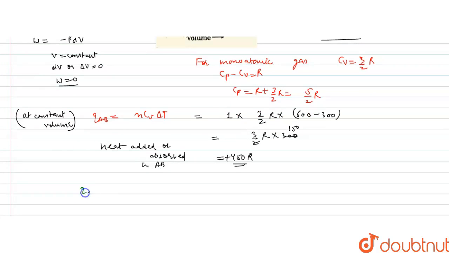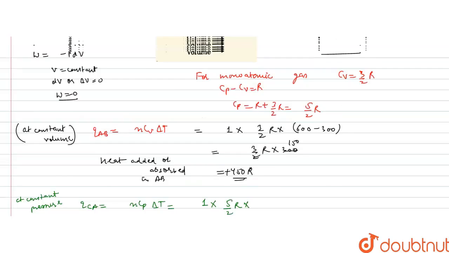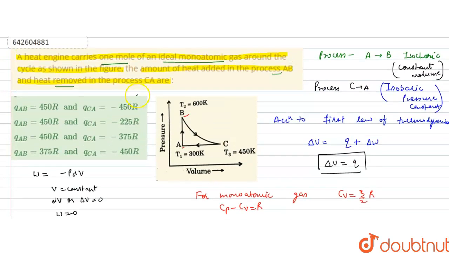Now the heat involved in the CA process, which is at constant pressure, will be nCp delta T. n is 1 mole of monoatomic ideal gas, Cp for a monoatomic ideal gas is 5 by 2R, and delta T is the final temperature minus the initial temperature.